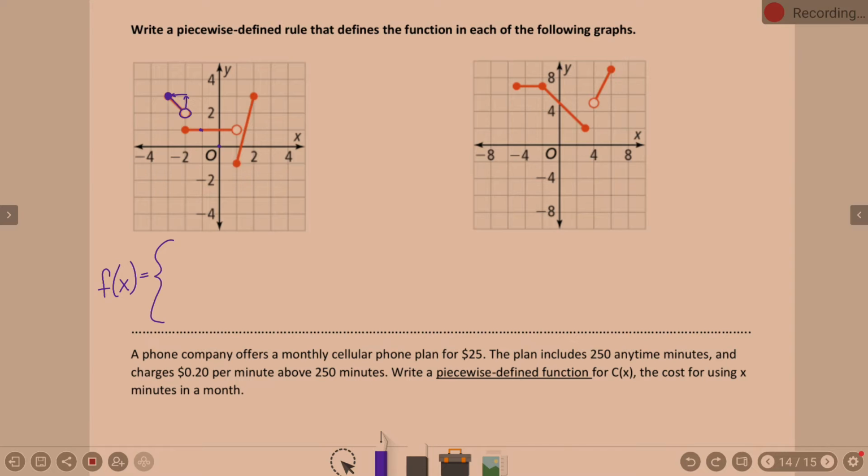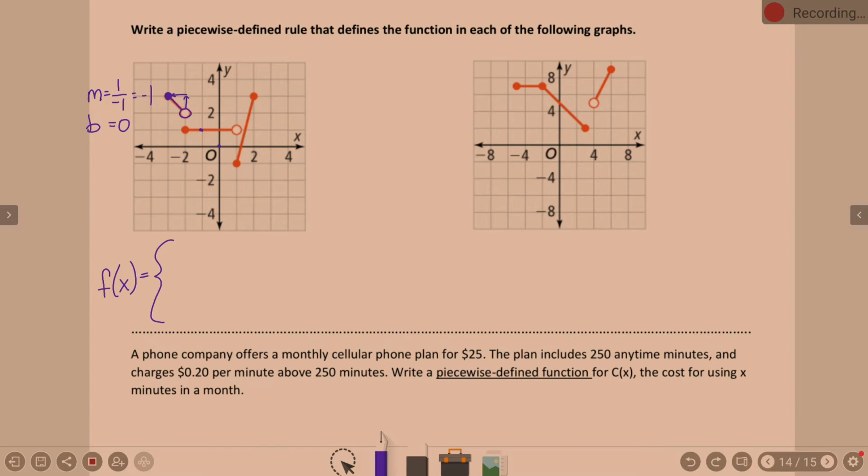What's our slope here? If I rise over run, we're going to rise 1 the way I just did it, so up 1, and then we're going to go left 1, which is negative 1. And what is 1 over negative 1? Negative 1. So I have a slope of negative 1, and I have a y-intercept of 0.